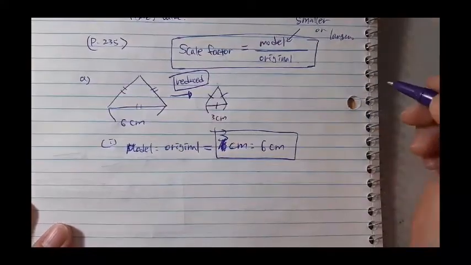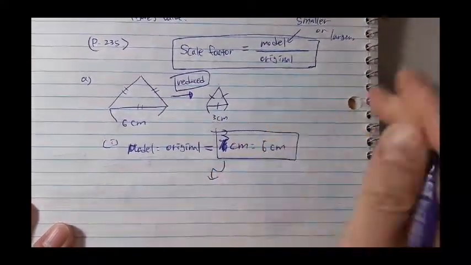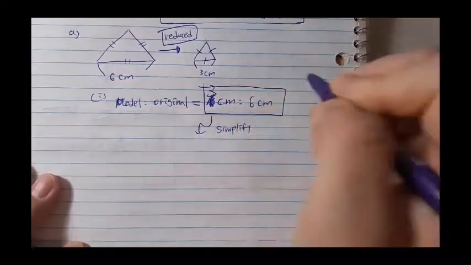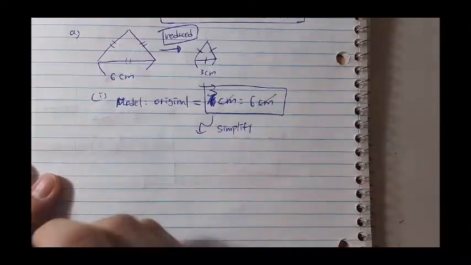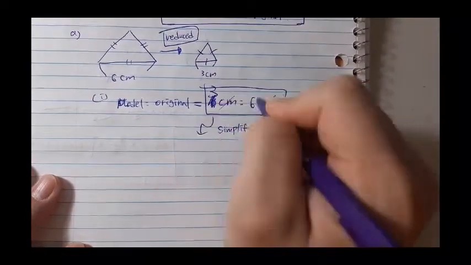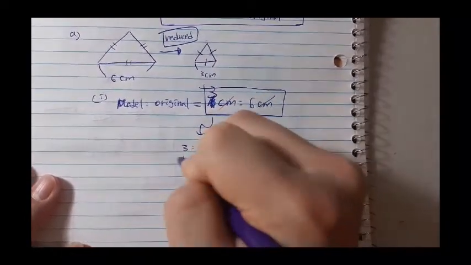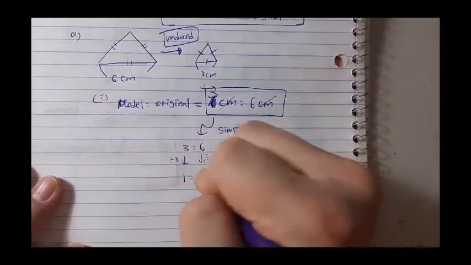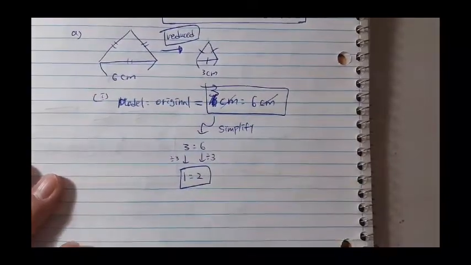So I have these two. Of course, you need to simplify when it comes to that, because centimeter will be gone, so it's actually 3 to 6, which I can divide by 3, a common factor on both sides, so it is a 1 to 2 ratio.